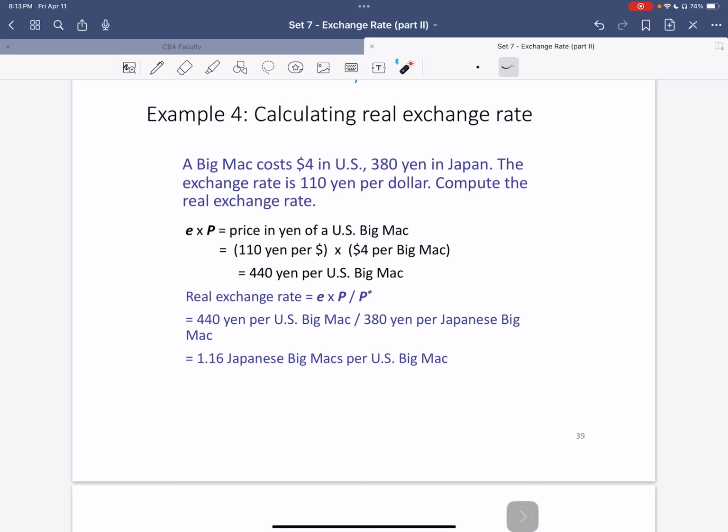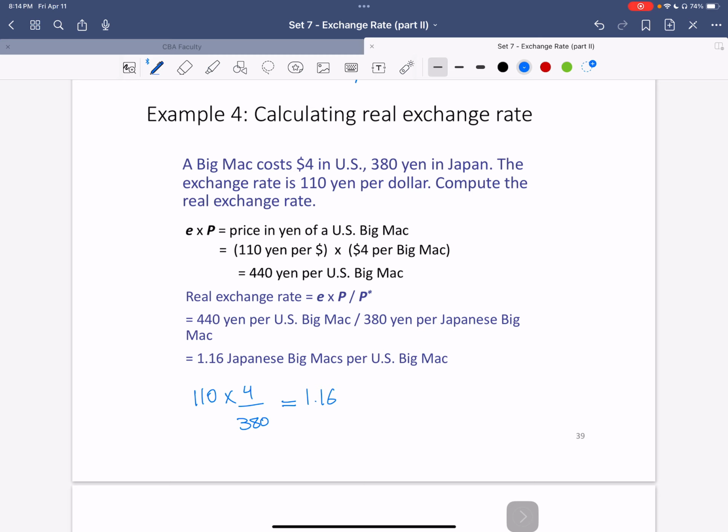Okay, 110 times 4 divided by 380 is equal to 1.16.